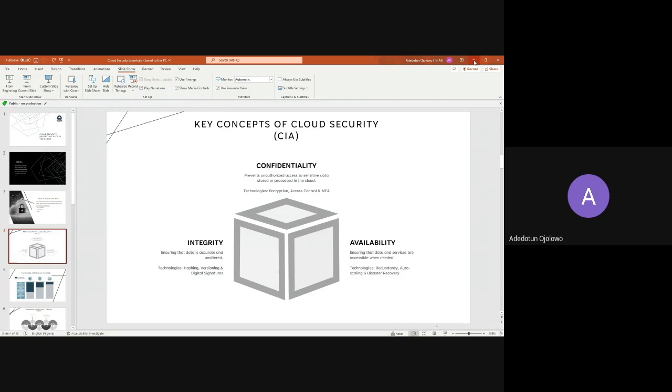HSM is commonly used to keep encryption keys. There's the hardware version of it where you can keep the encryption keys, but there's also the cloud version of it. So AWS and Azure both have their own different HSM services.